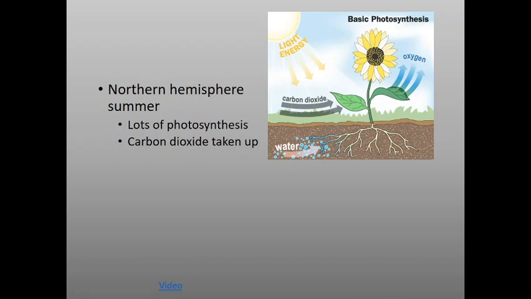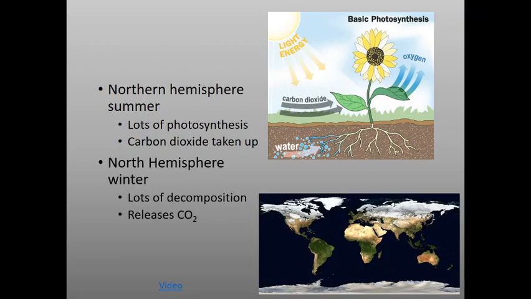You've got the northern hemisphere sucking up a lot of carbon dioxide. Then in the northern hemisphere winter, you've got lots of decomposition going on. Think of a lot of snow and a lot of plants dying, annual plants, and so there's a lot of decomposition going on, which releases CO2.